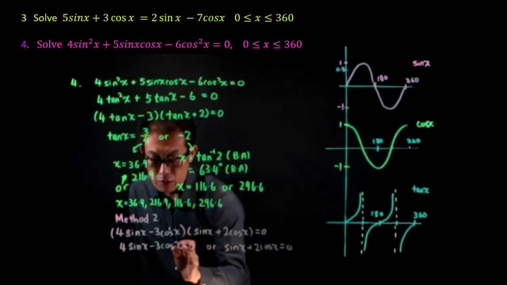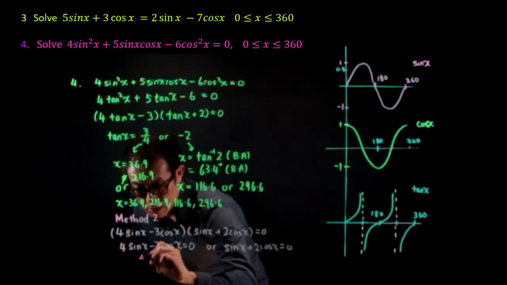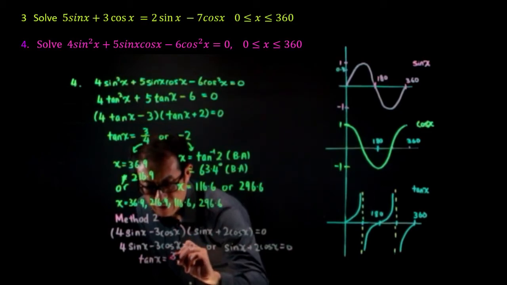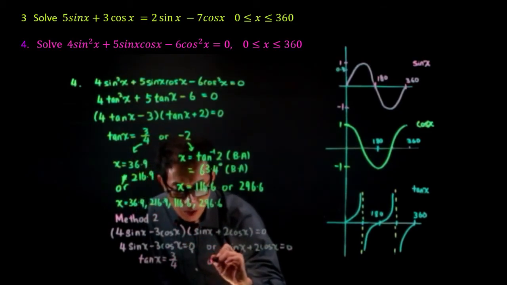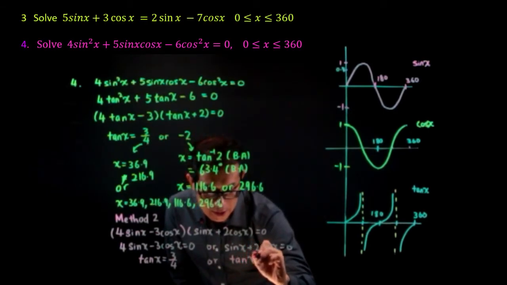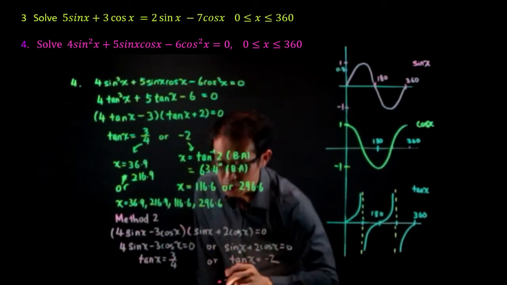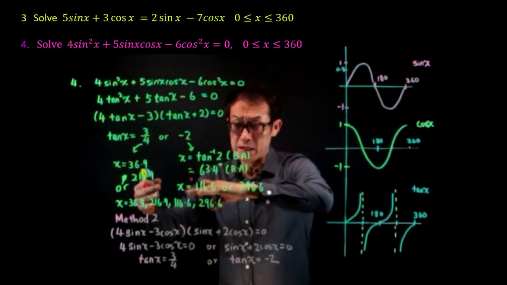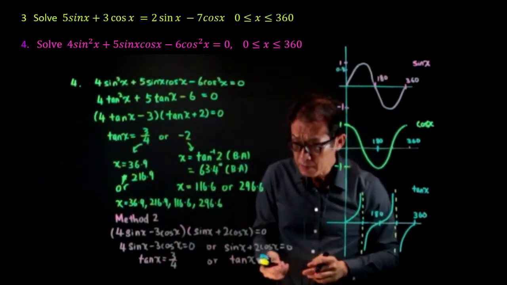Then from here you bring over and divide, you got tangent x is equal to 3 over 4, or tangent x is equal to minus 2. You find that these two are the same. So you can just repeat this procedure to find the answer.